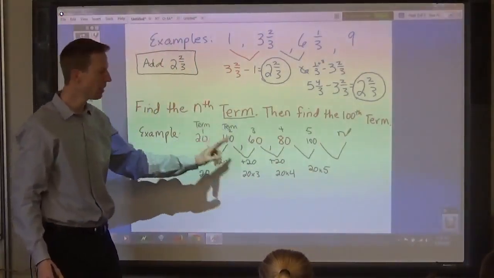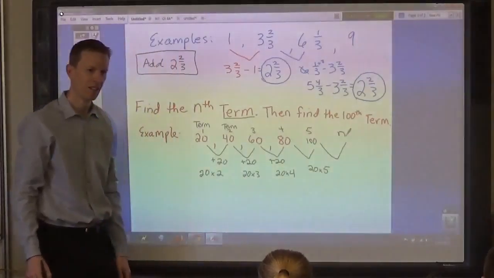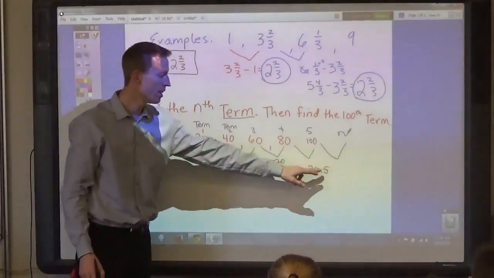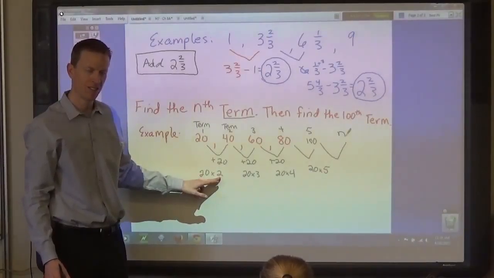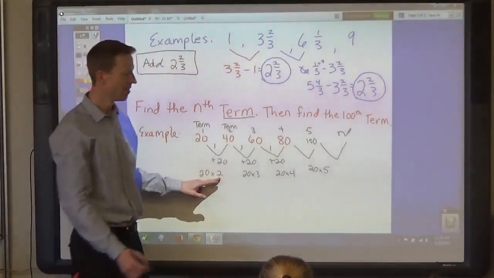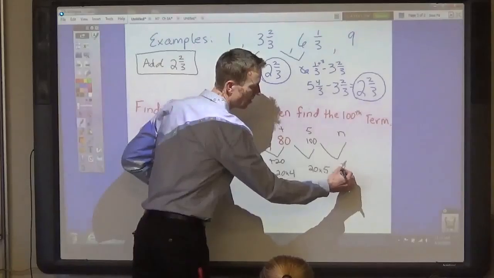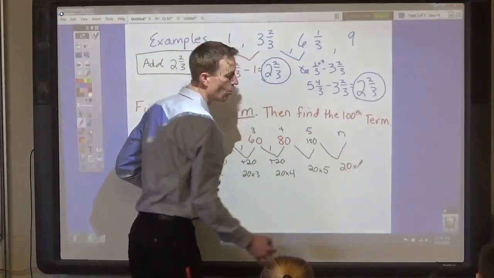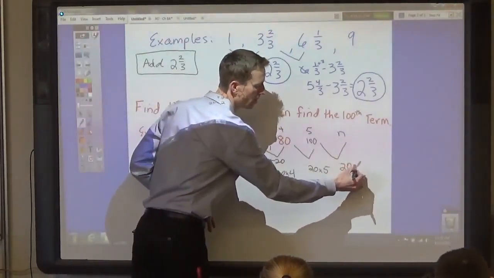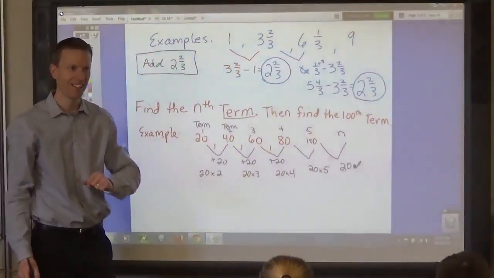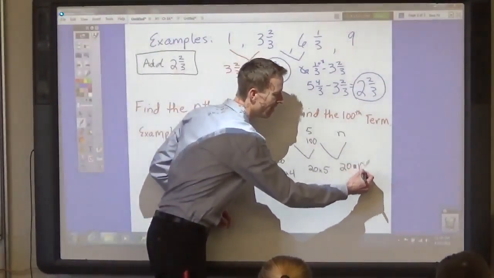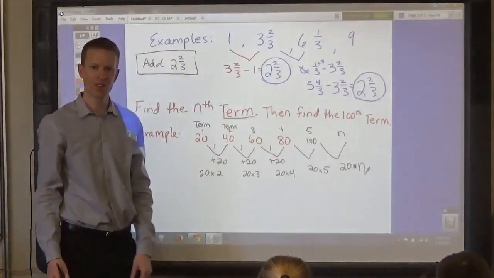What would we replace in our pattern? Would we replace the 20 or the number? 20 times what? Actually, I should use a dot here instead. 20 times n would give us the nth term.